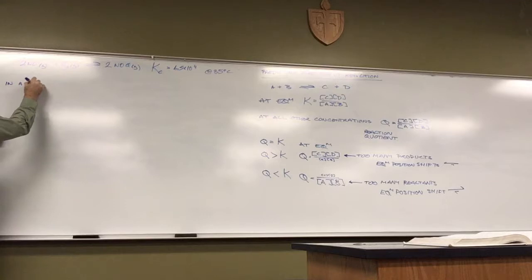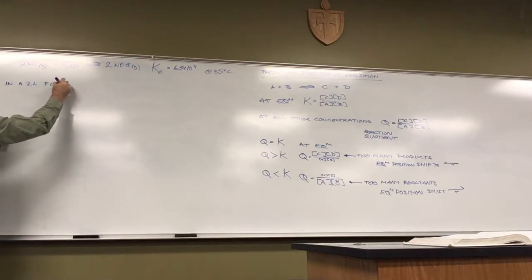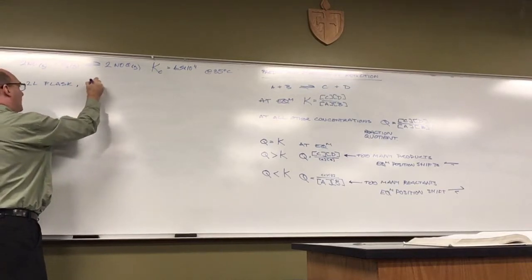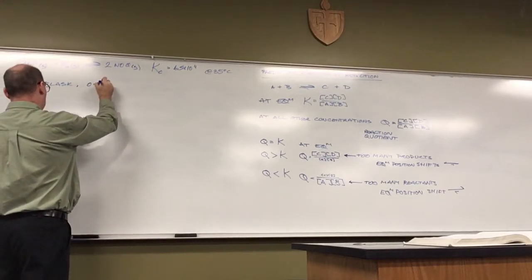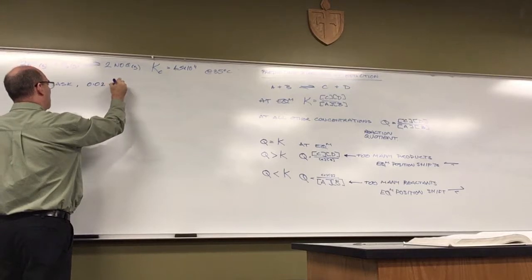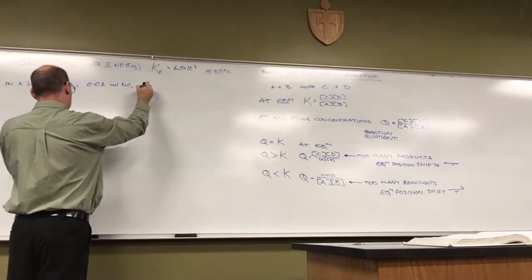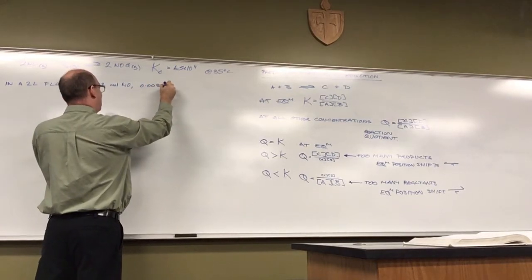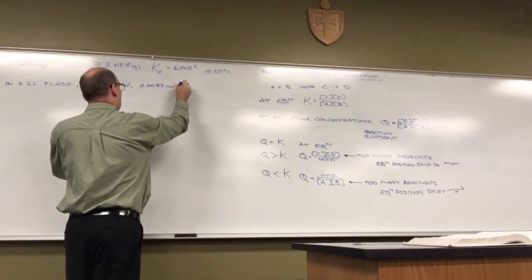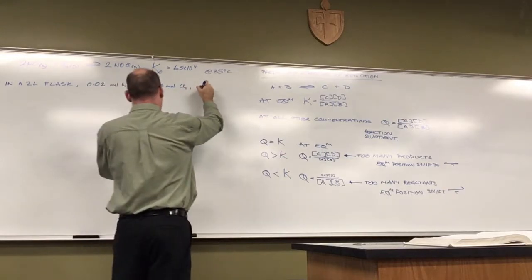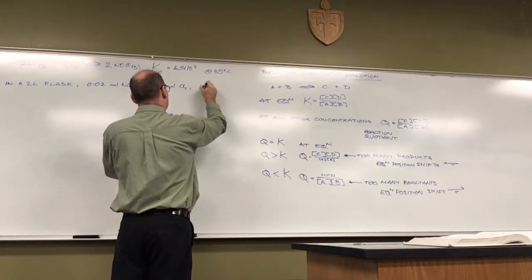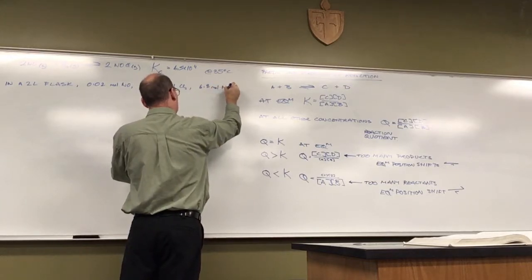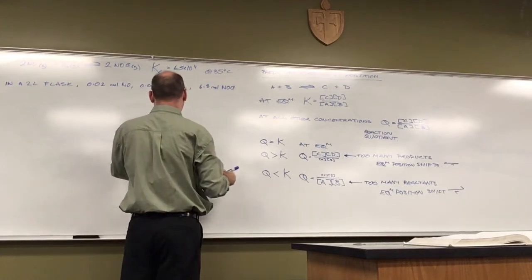In a 2-liter flask, I have 0.02 moles of NO, 0.0083 moles of chlorine, and 6.8 moles of NOCl.